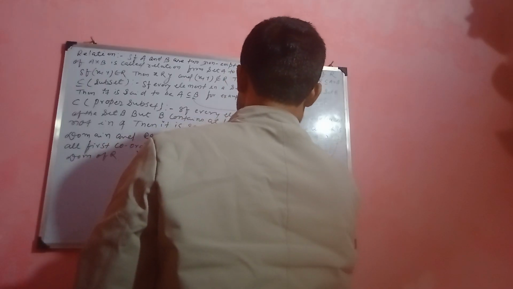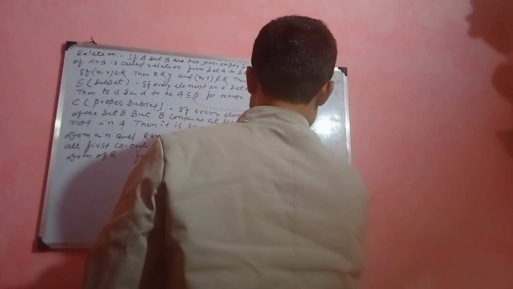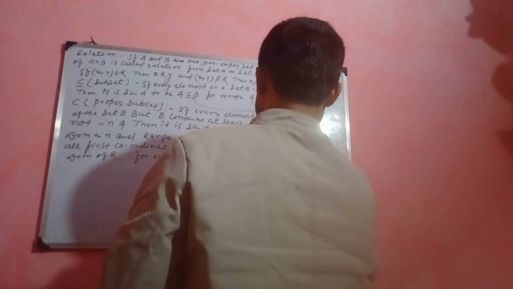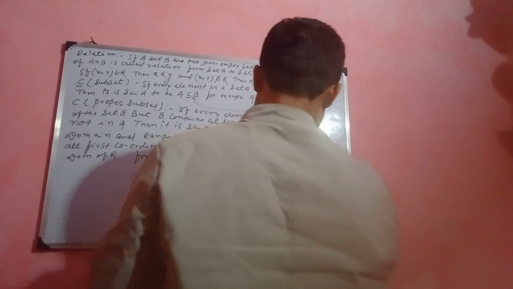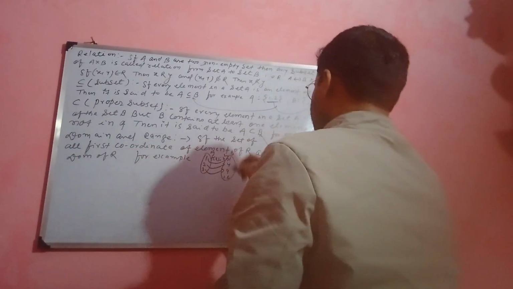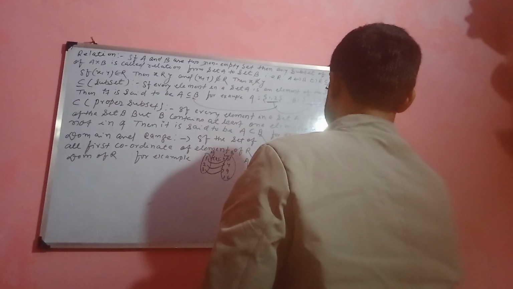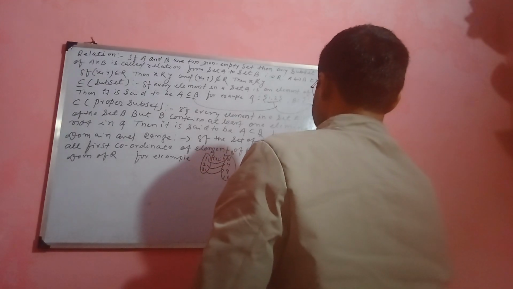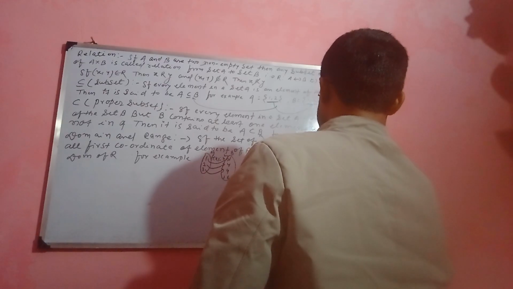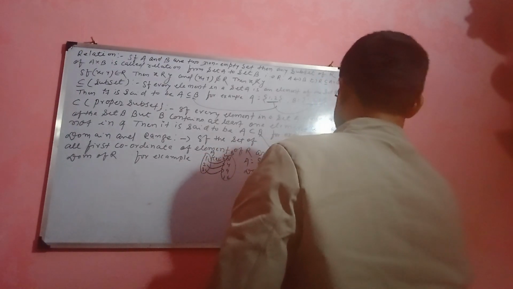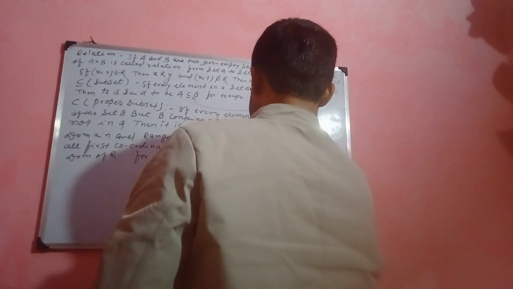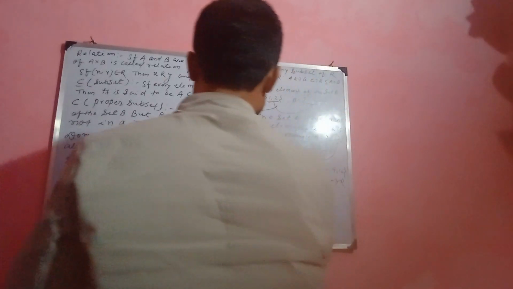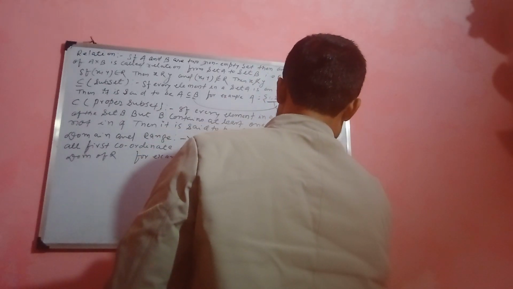Every element in set A, that means 1, 2, 3, is the domain of R, and every element of the set B, 1, 4, 9, 16, is the codomain of R. The range equals the images of the elements, that means 1, 4, 9.